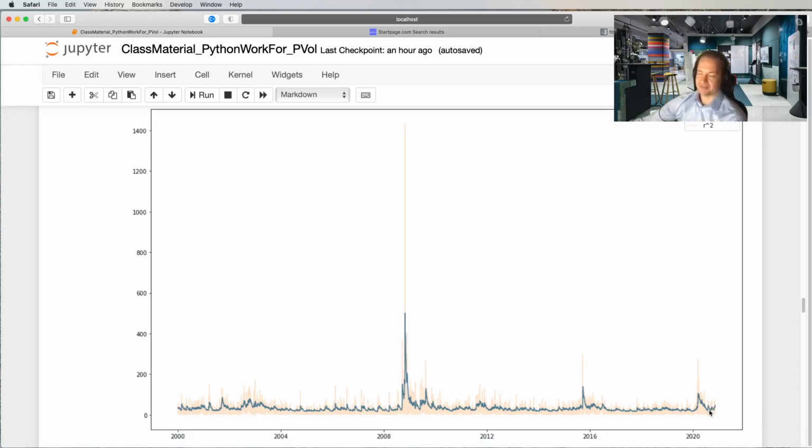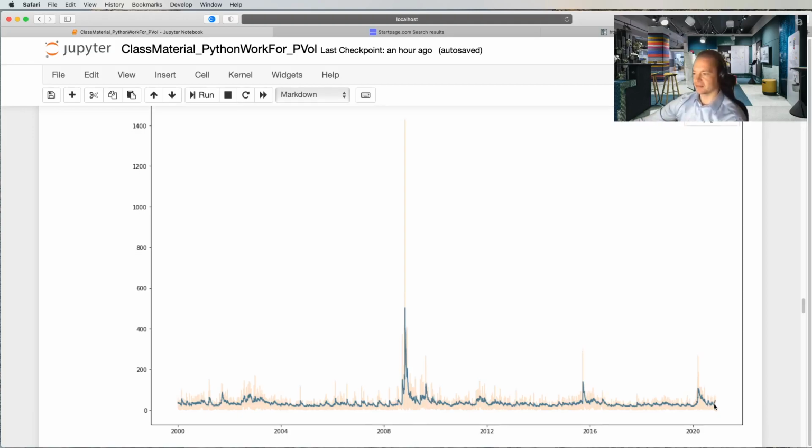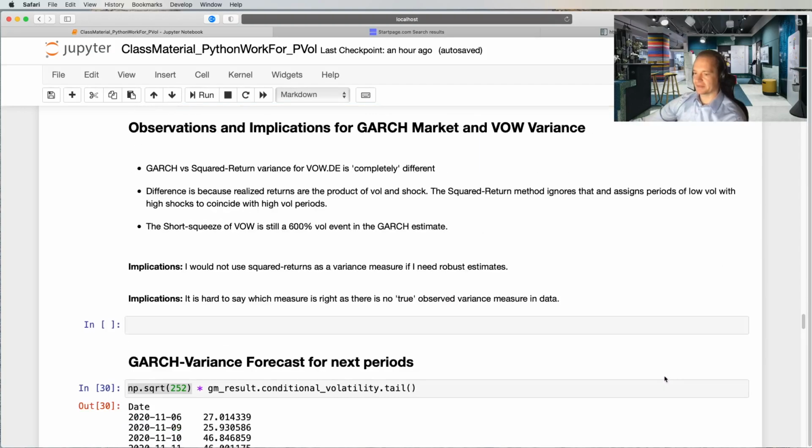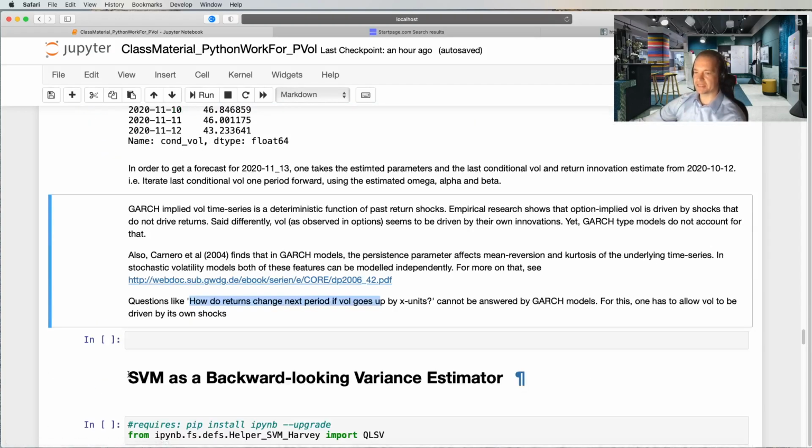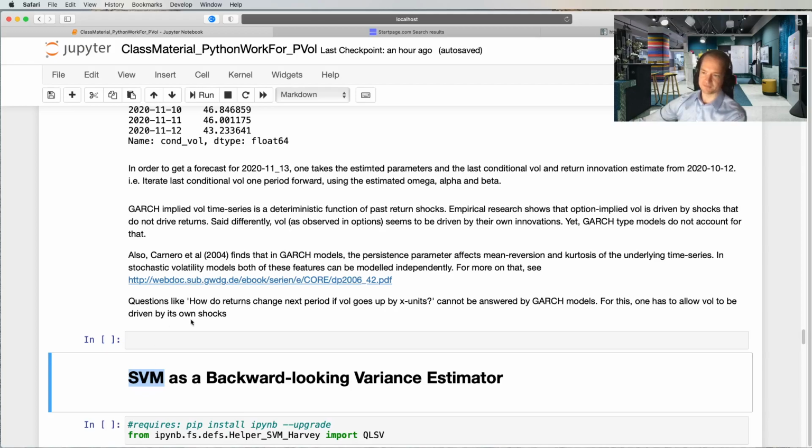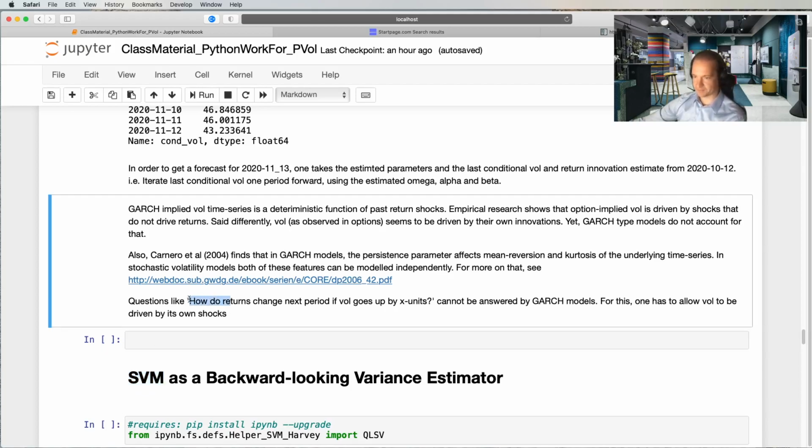The GARCH gives no answer because the GARCH is a deterministic function of returns. But the stochastic vol model allows us to answer such a question. It allows us to disentangle mean reversion and kurtosis, and it allows us in a straightforward way to also price options on top.